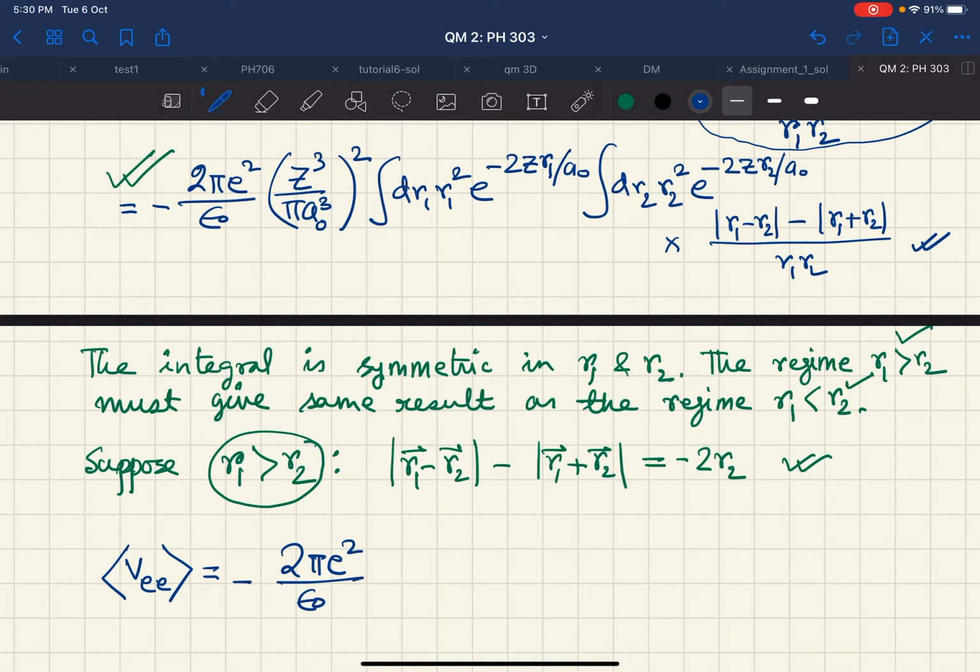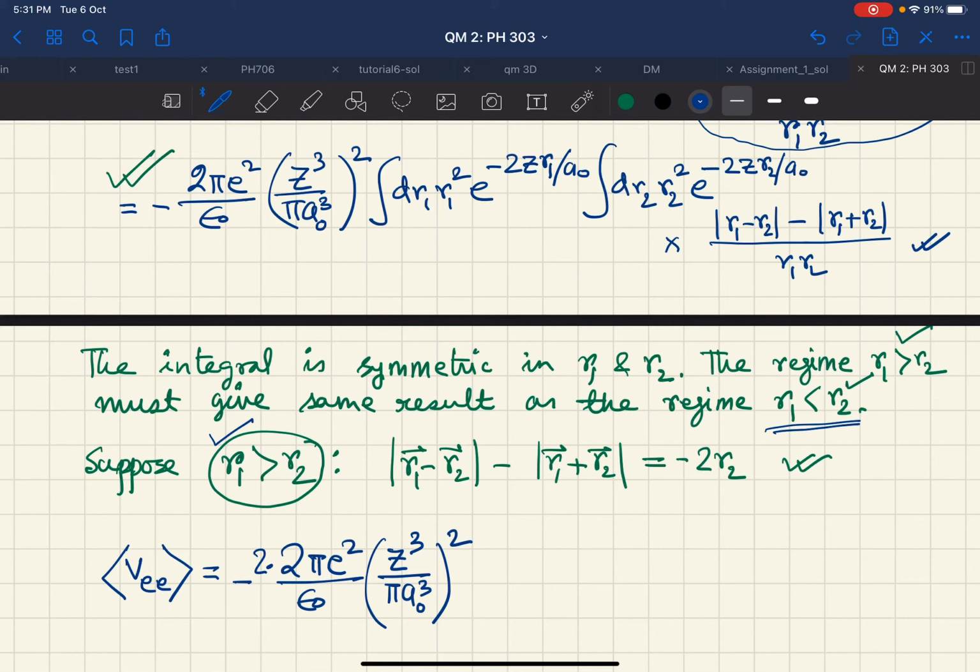Then we had (Z cube by pi a0 cube) whole square. Then we said that we are looking at R1 greater than R2, and whatever we get for R1 greater than R2, we will get the same contribution for the regime R1 less than R2. So we will just multiply the result by 2. Let us do that here. So I multiply by 2.